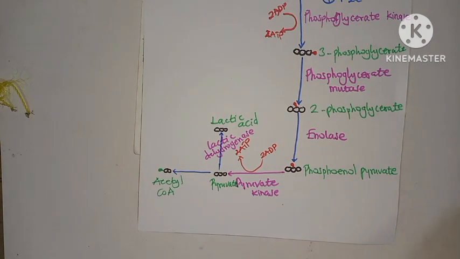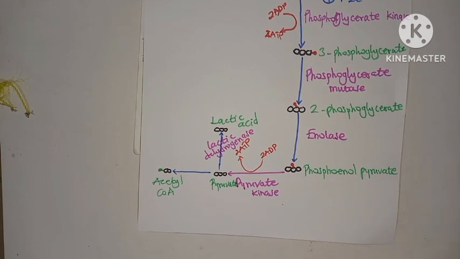That is the transition step. So we learned that pyruvate can be converted to lactic acid or acetyl CoA, and we'll talk more about acetyl CoA in the transition step video.